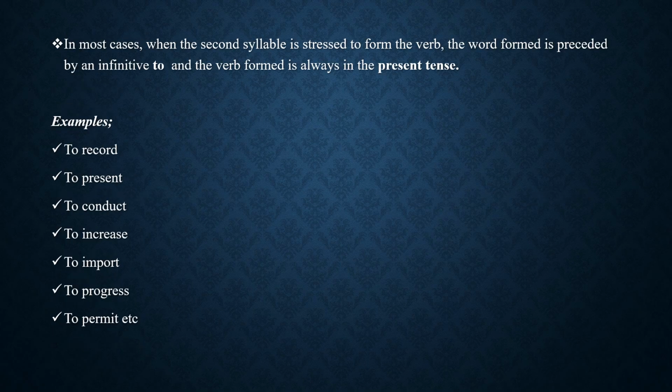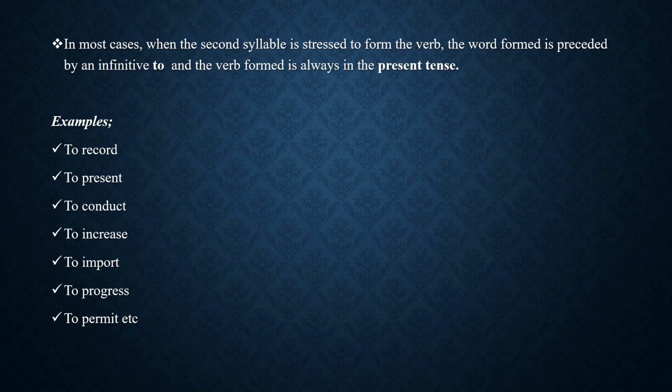Okay, on the side of the verbs, when a word has its second syllable stressed to form a verb, the word that is formed is mostly preceded or followed by an infinitive to, and that verb that is formed is always in the present tense.